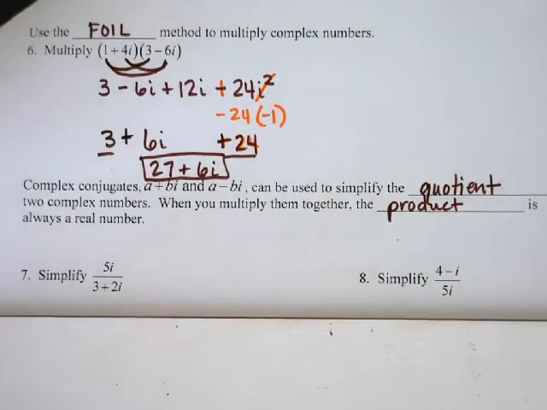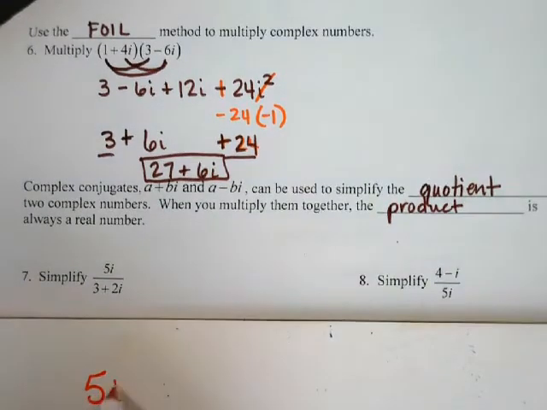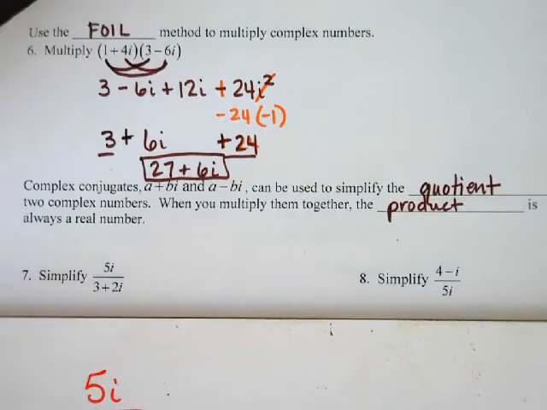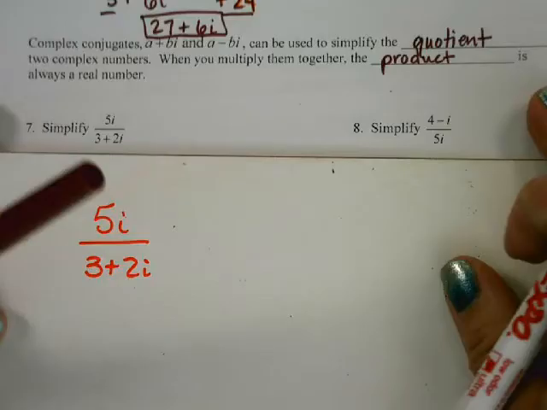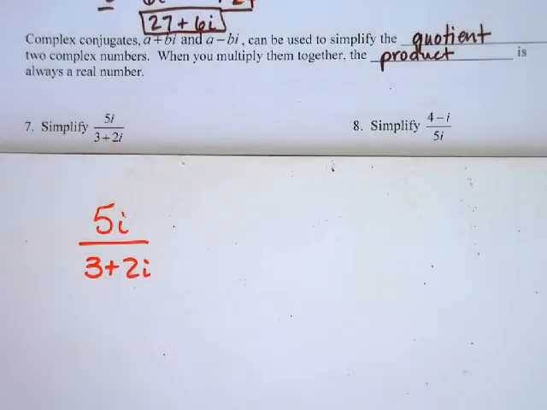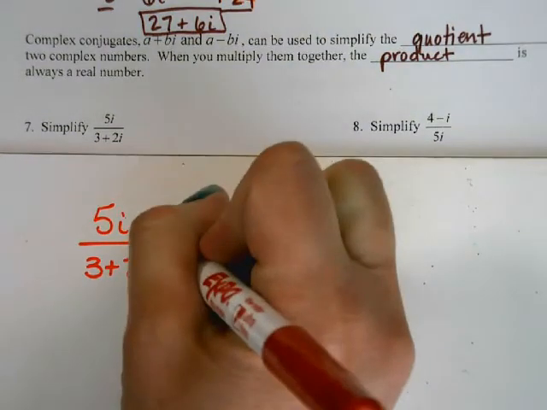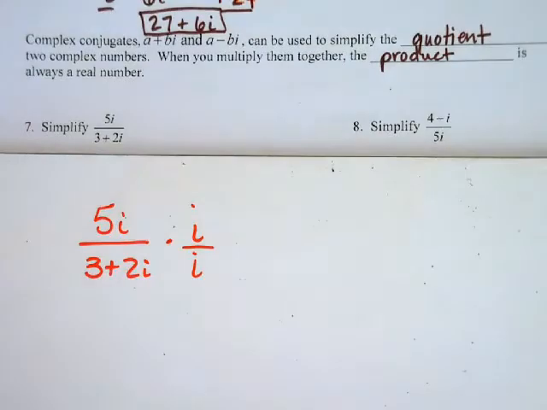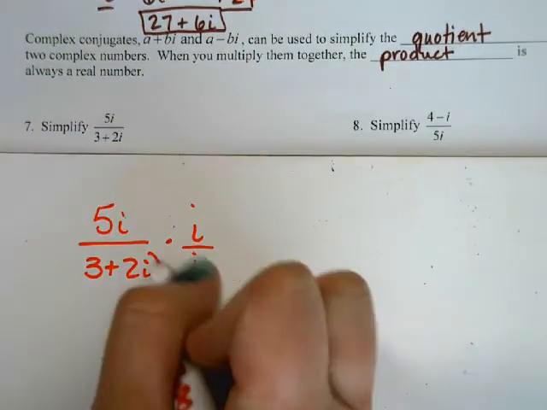Okay, so if I were going to try to get this guy out of the denominator, what if I just multiplied the denominator by i? Okay, watch what happens.